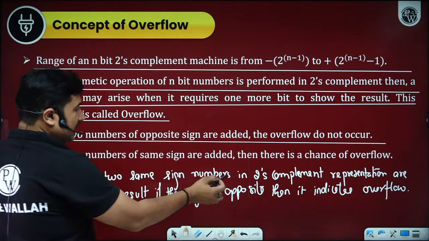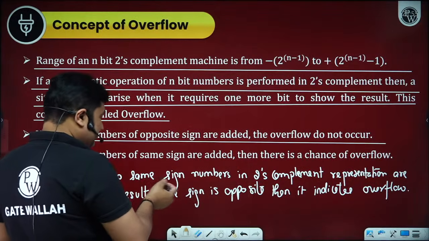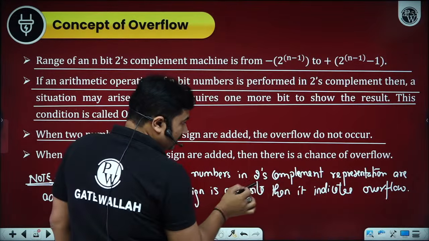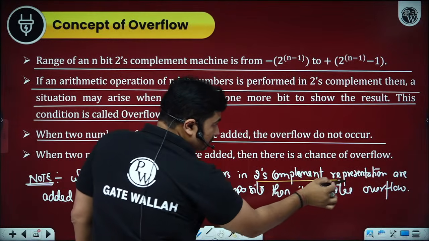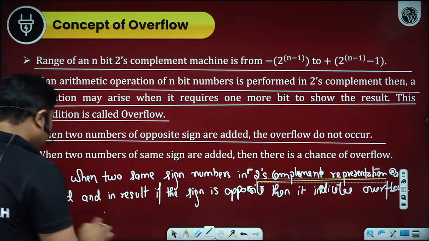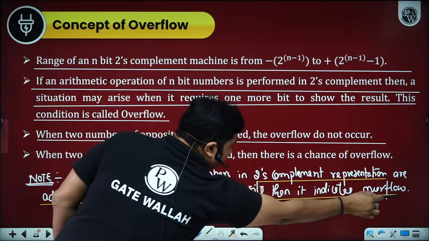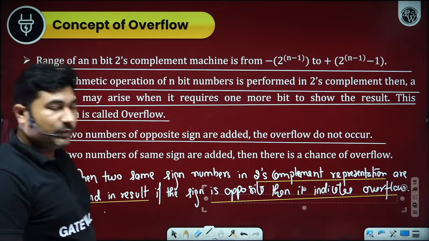When two same sign numbers in 2's complement representation are added, and in result, if the sign is opposite, then it indicates overflow.